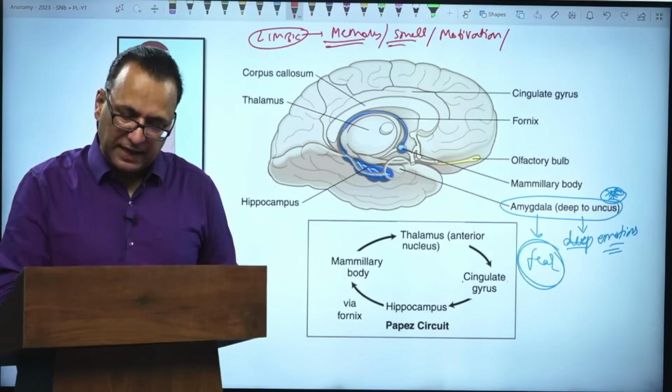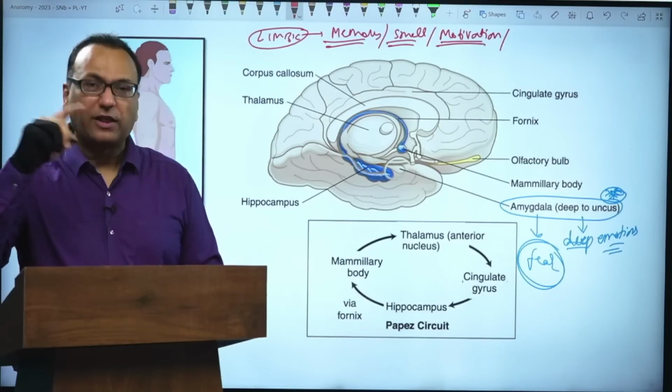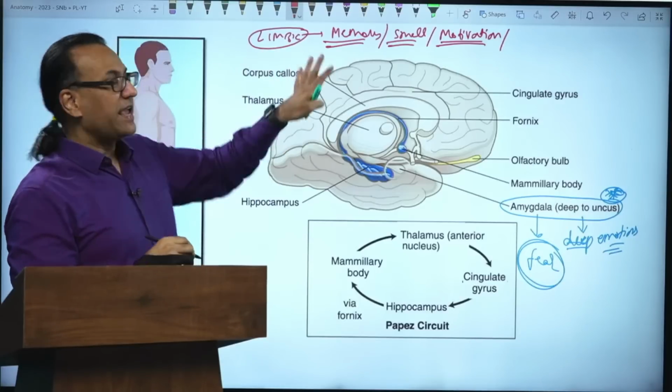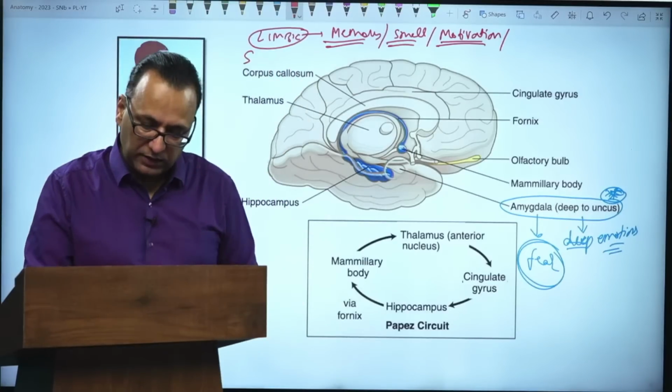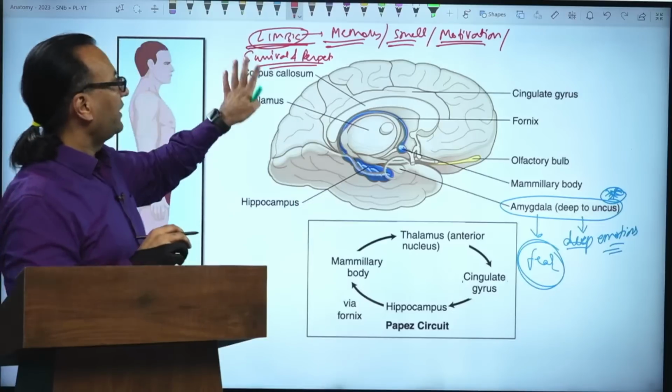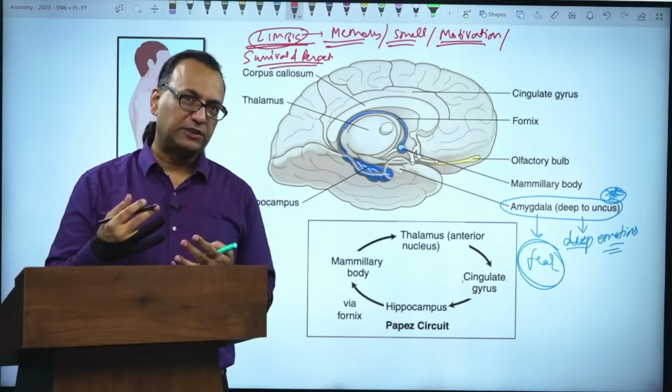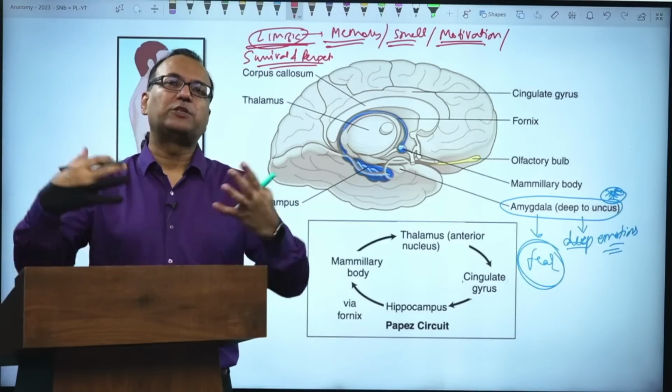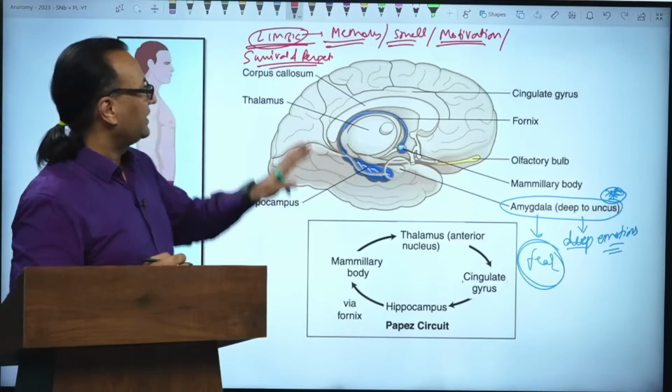So memory, smell, motivation, all that, which is important for survival and perpetuation of species. So limbic system is all about survival and perpetuation of species. You survive by taking food and you perpetuate by having sex, and it is later with memory.